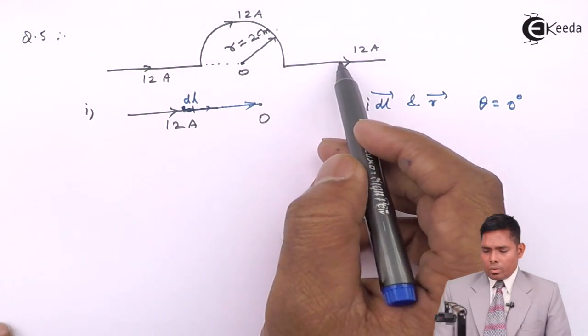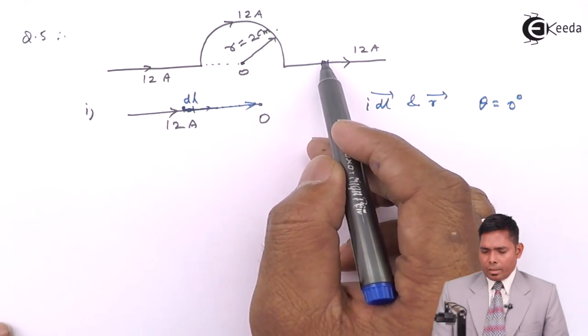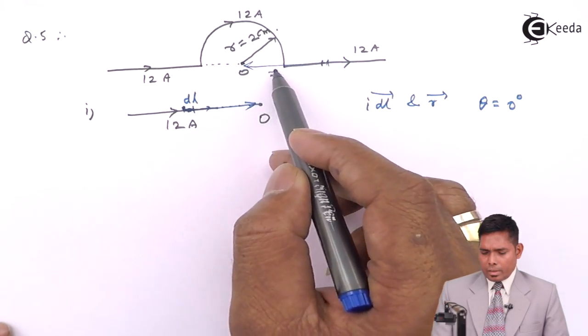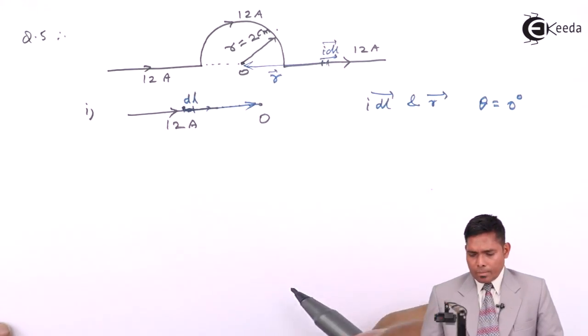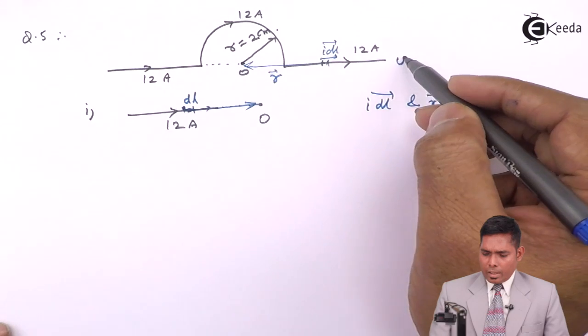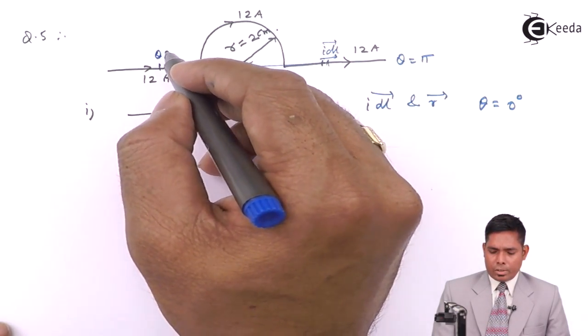In this case also it is 0, and for this case, if I consider an element here, this is your r vector and this is your dl vector. So in this case theta is pi. In the left part of the conductor, theta is 0.